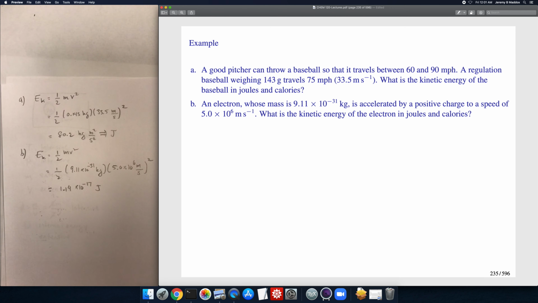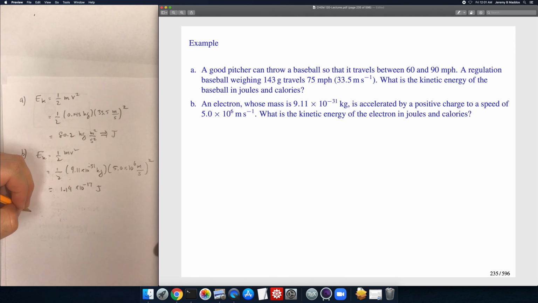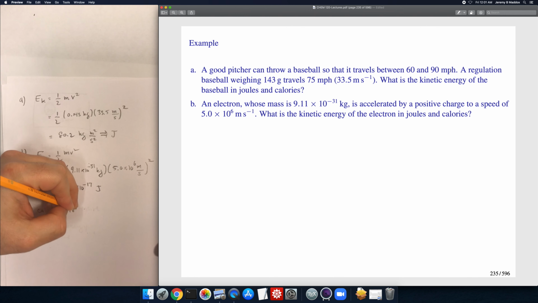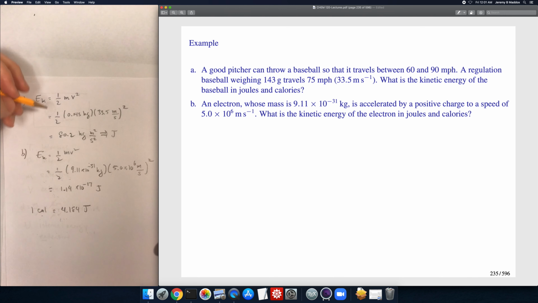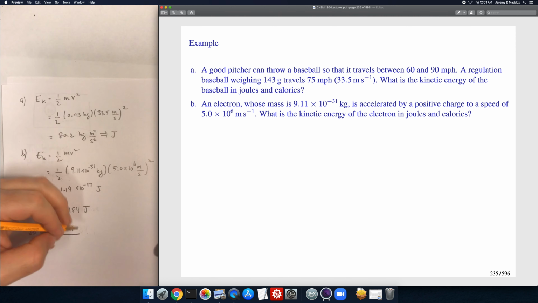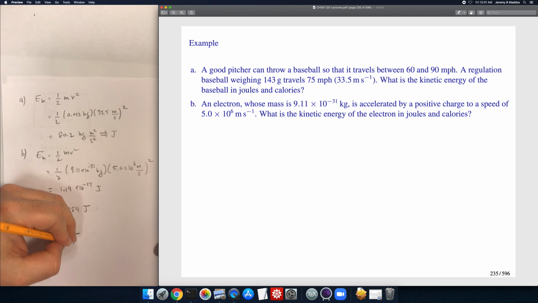How do we convert these to calories? Well, we use the conversion factor that 1 calorie equals 4.184 joules. So let's go ahead and take the 80.2 joules. We want calories in the numerator and joules in the denominator.